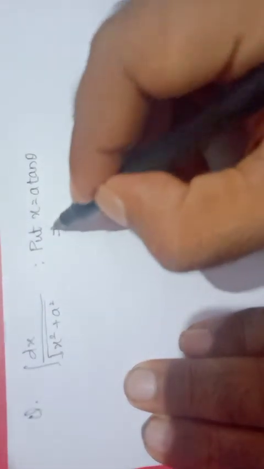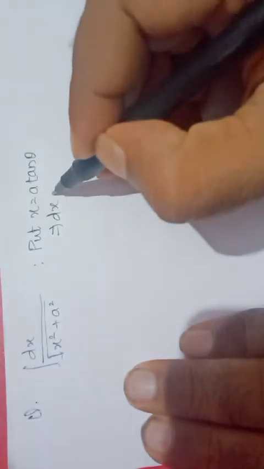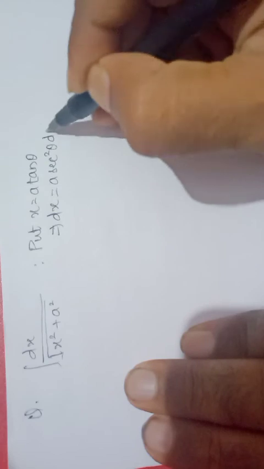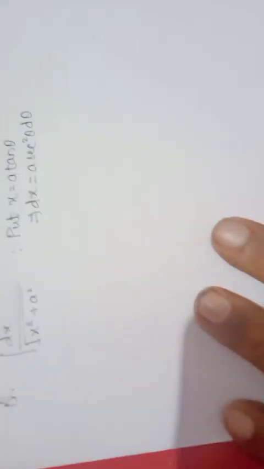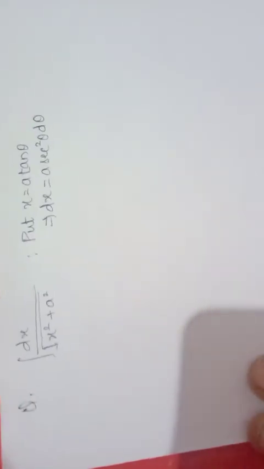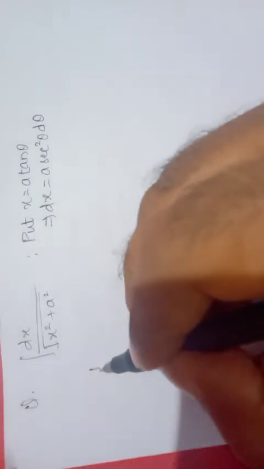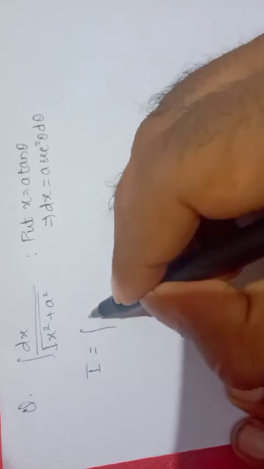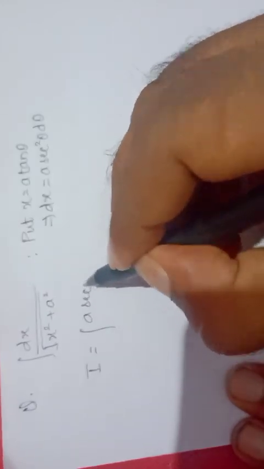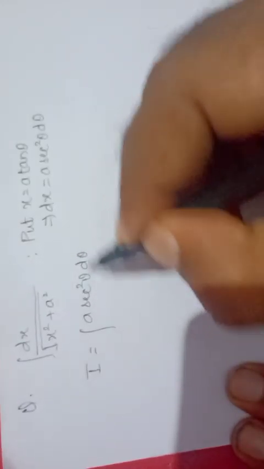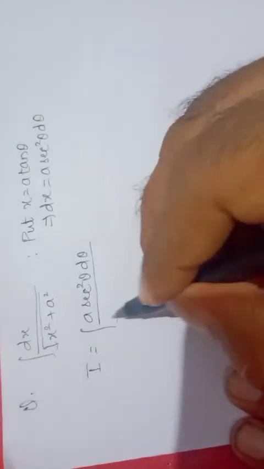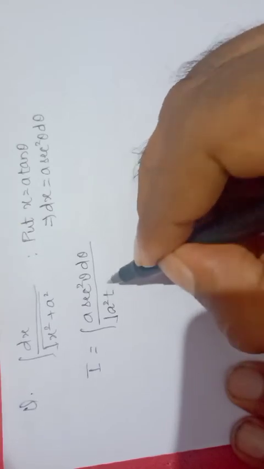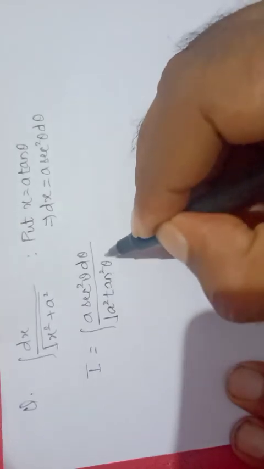Consequently, dx will be a sec square theta d theta. So I should be written as a sec square theta d theta divided by under root a square tan square theta plus a square.